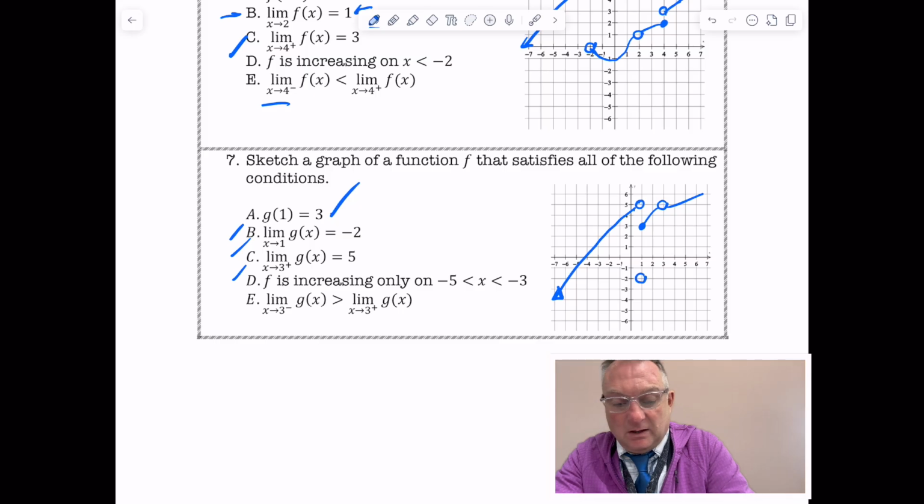And let's see. That might look a little weird to have an open circle there. Didn't I say I had to have a limit there of -2? So, that is interesting. So I have to have a limit that's equal to -2.